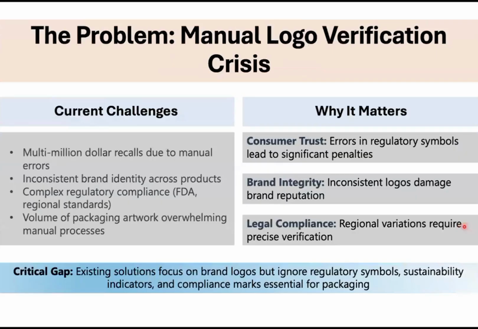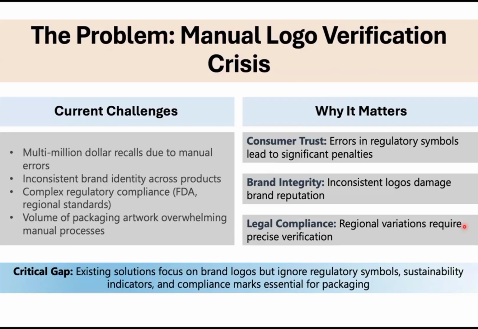Let's talk about the problem that we are trying to focus on. It's about the crisis that follows from manual logo verification. In the current scenario, in packaging artwork files, any manual errors lead to a lot of recalls, which cost companies multi-million dollars.